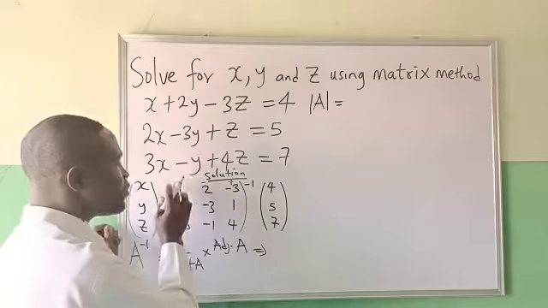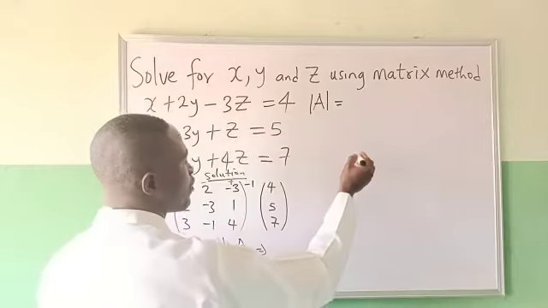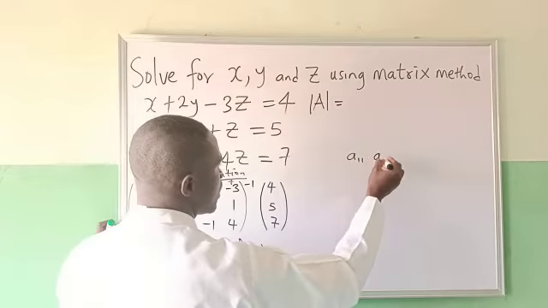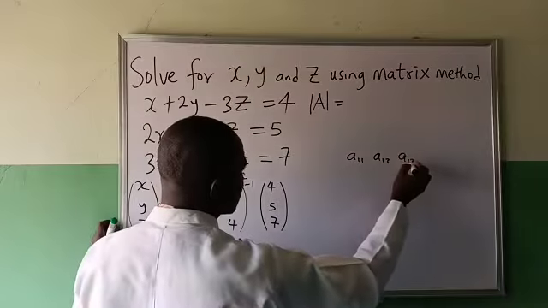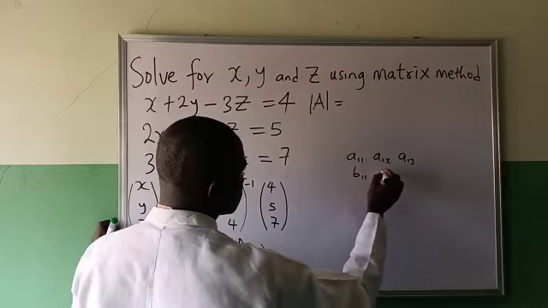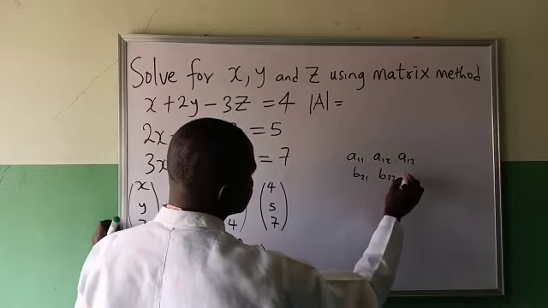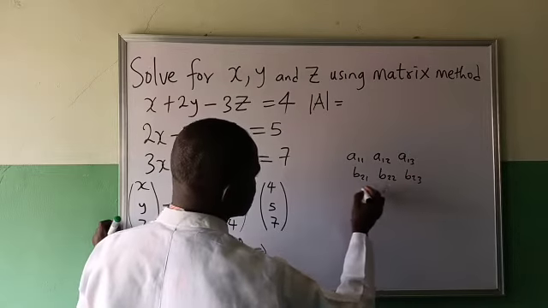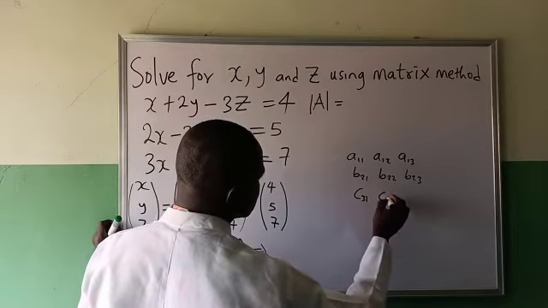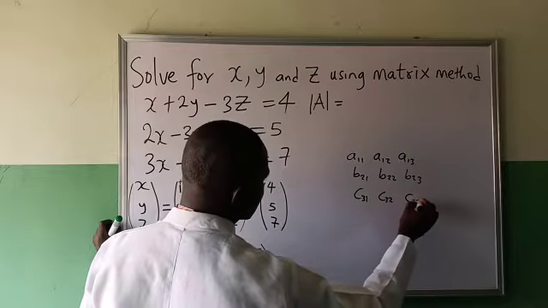And we said that this plus, minus, plus was gotten from A11, A12, A13, B21, B22, B23, C31, C32, C33.